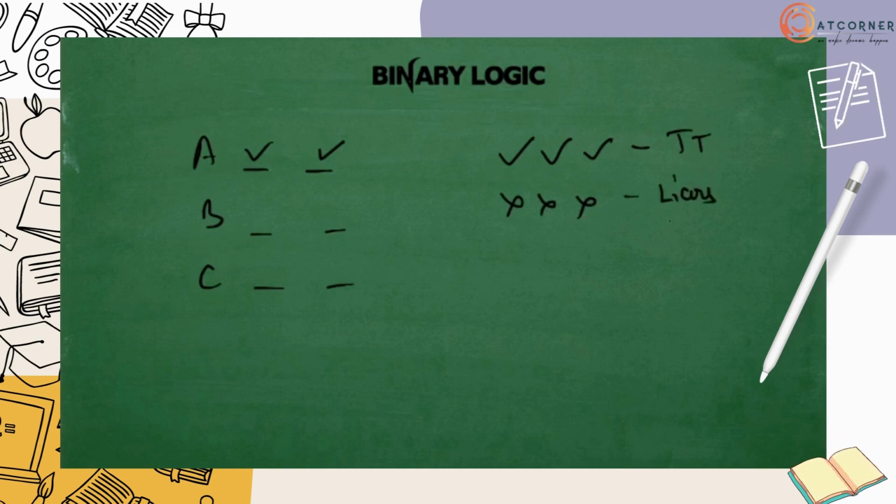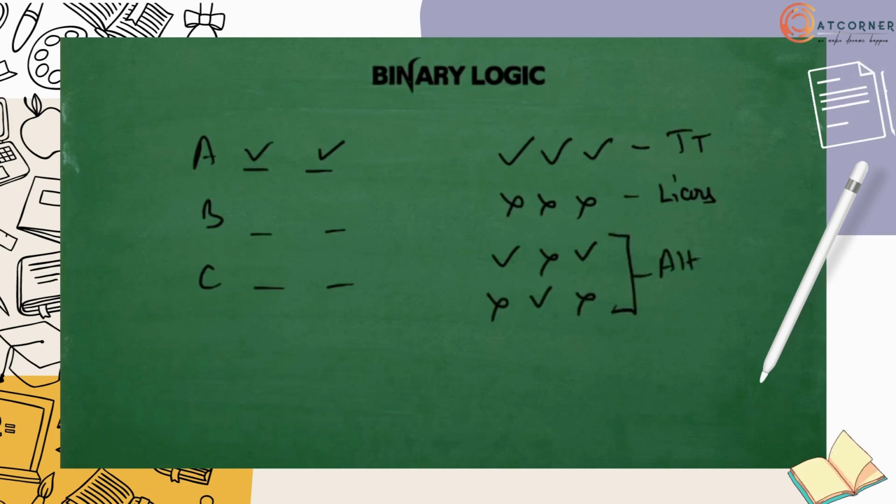And in certain people, you'll find a pattern of true and false both, but they will follow a pattern. Like if the first statement is true, then the second statement is false, the third is true. If the first is false, then the second is true, the third is false. These kinds of people are called alternators. They will alternate the pattern between true and false.